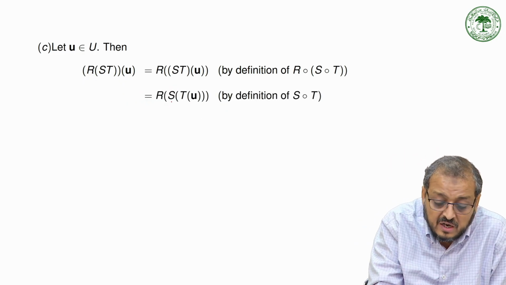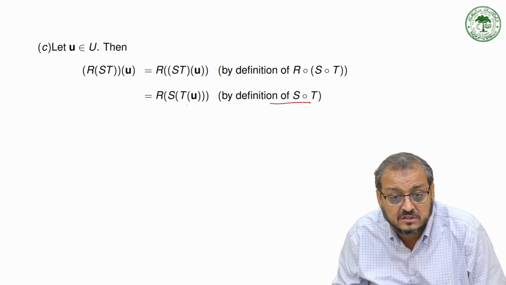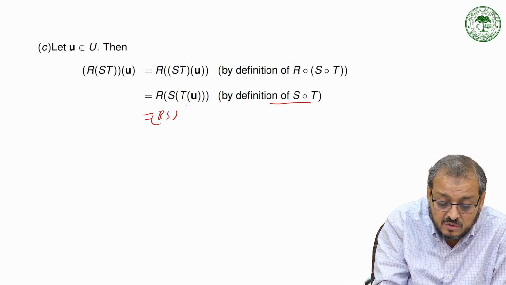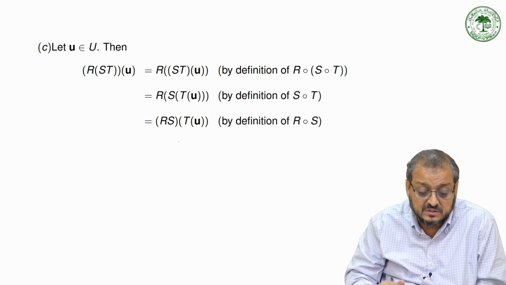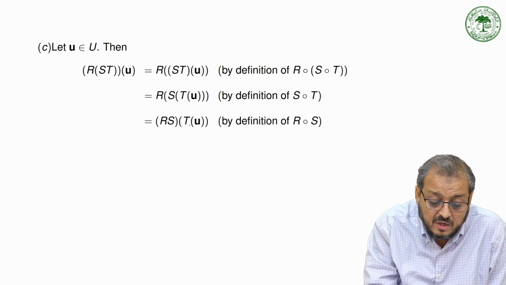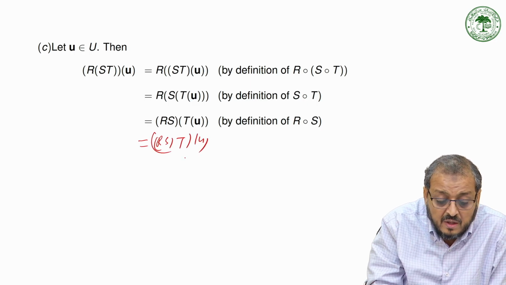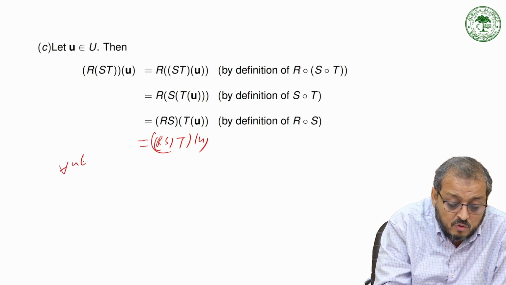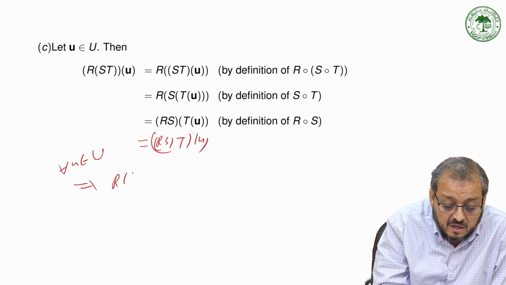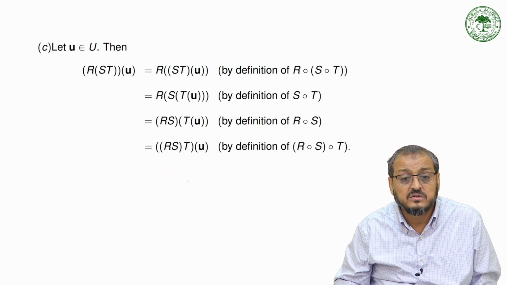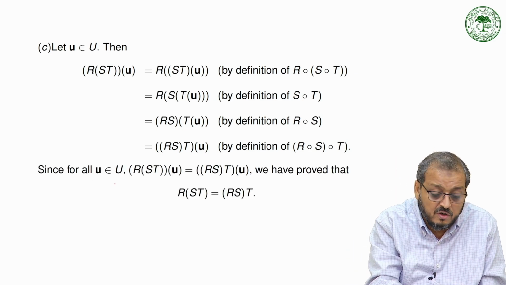So this can be written as (RS)(T(u)) by the definition of the composition of S and T, and this can be written as ((RS)T)(u), by the definition of the composition of R and S. This result is true for all u belonging to U. This implies that R(ST) is equal to (RS)T.